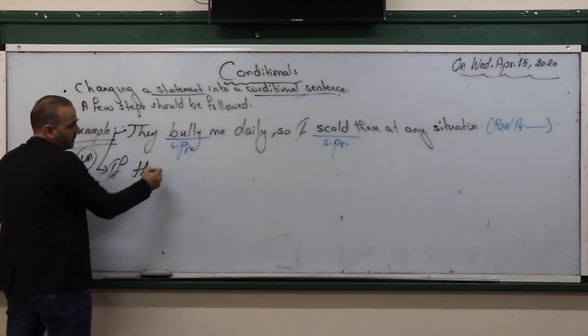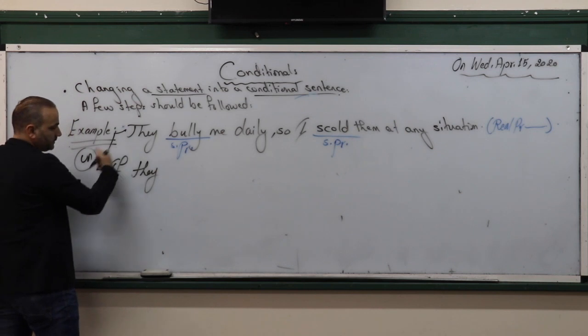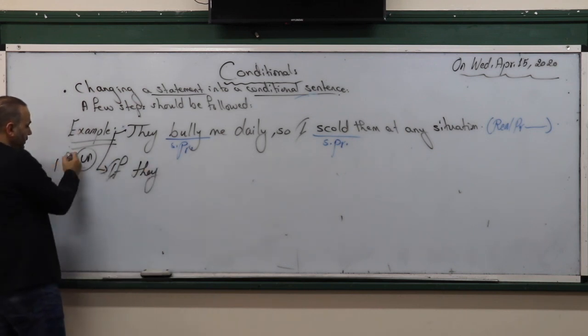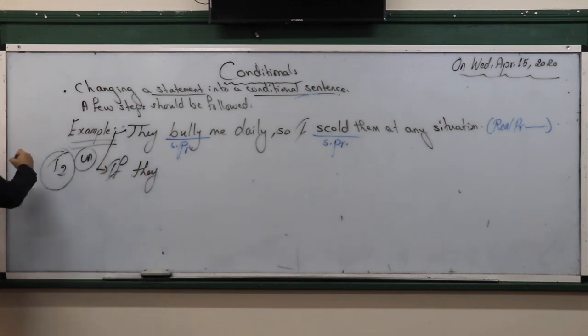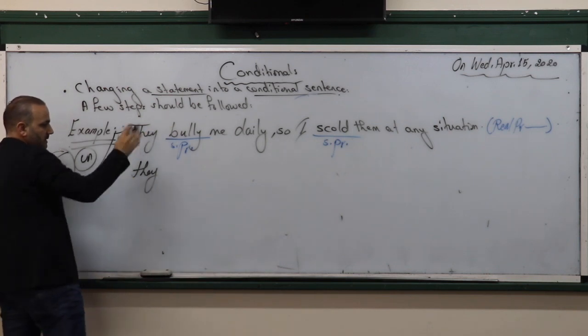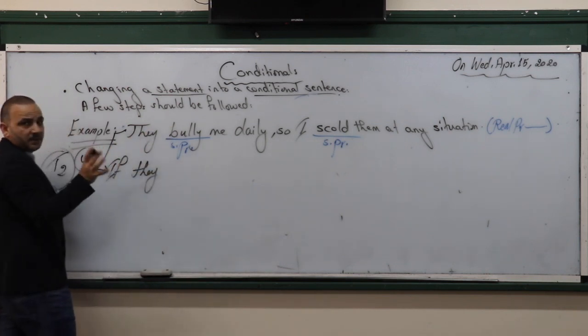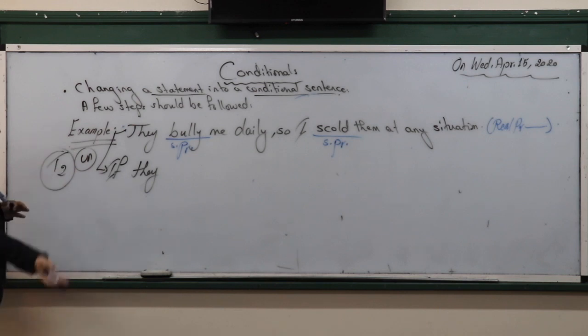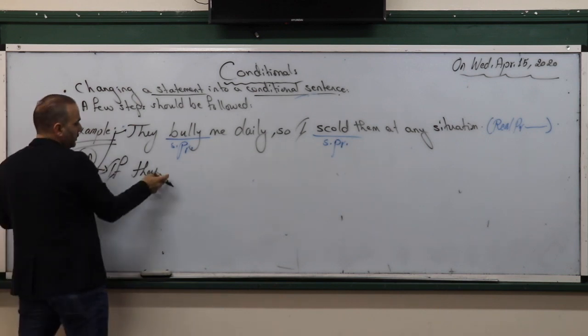If they, of course, as we said here, unreal present, directly you have to remember that it's type 2. Type 2 where we use what? As we said there, go back and you'll see that simple past, would plus main verb. Positive, negative, negative, positive, determining everything concerning the steps that we change a statement into conditional.